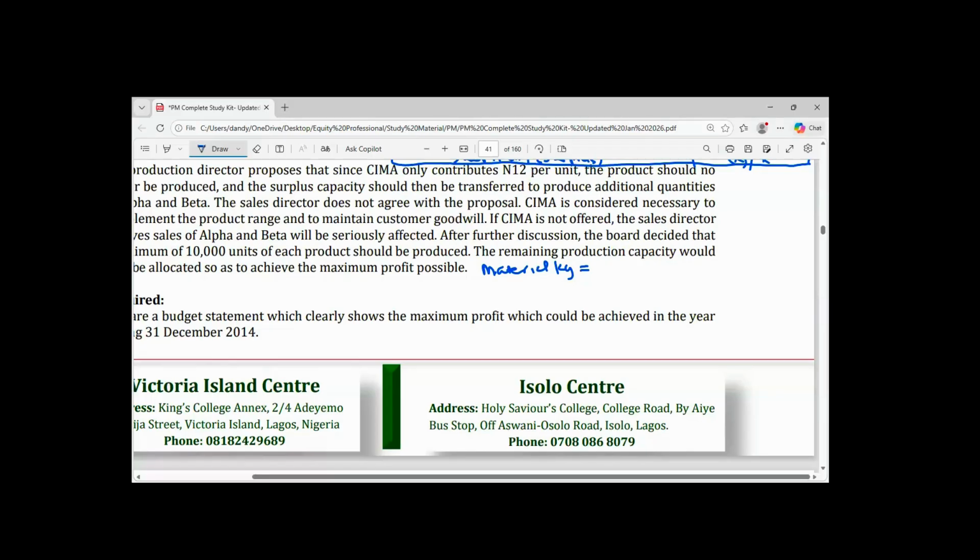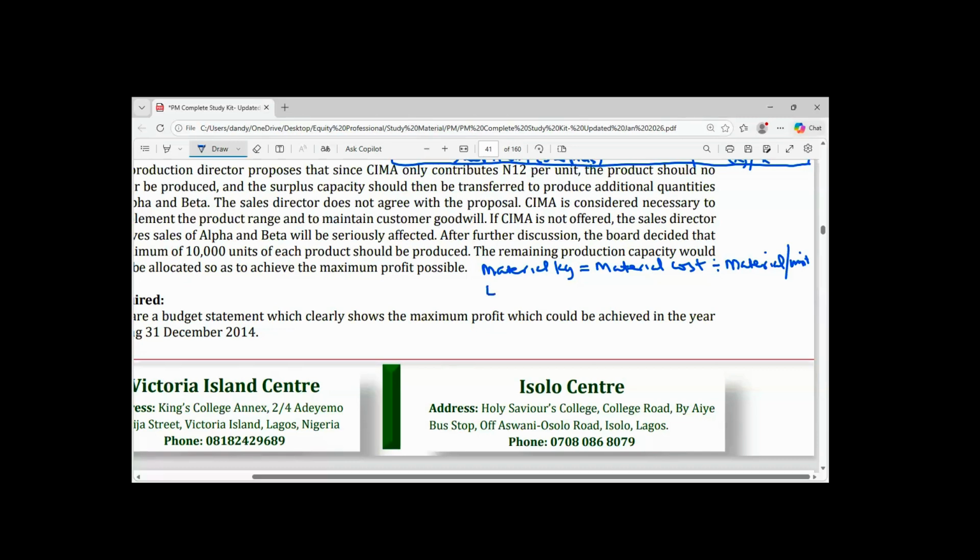So you need to convert that to the required factor of production. Material kilogram per unit will be material cost divided by material price per unit. That will give you the material kilogram.